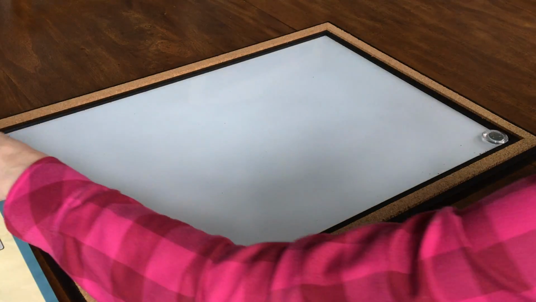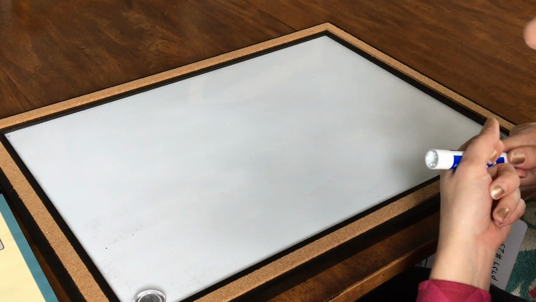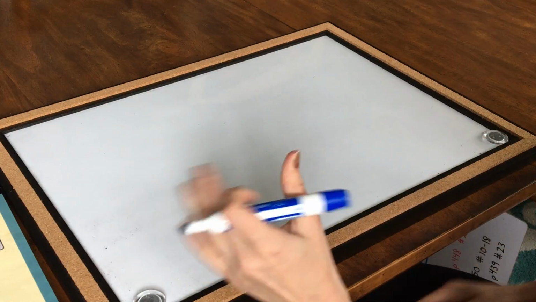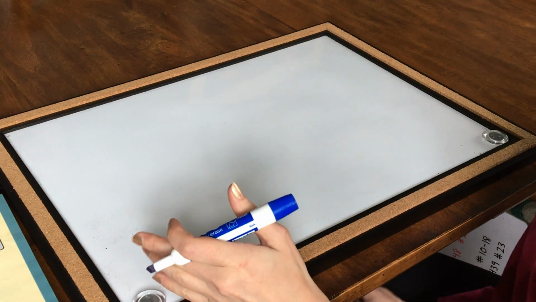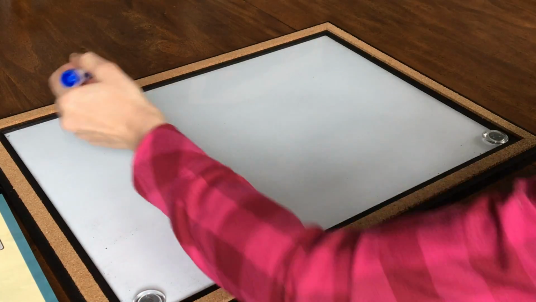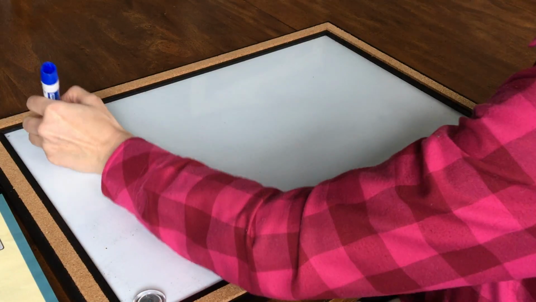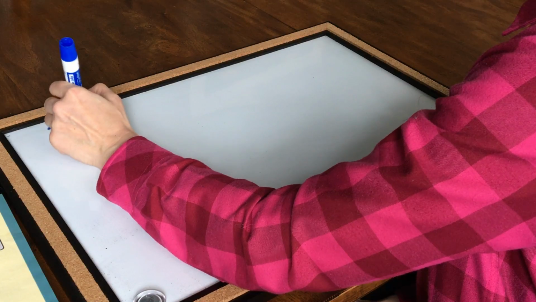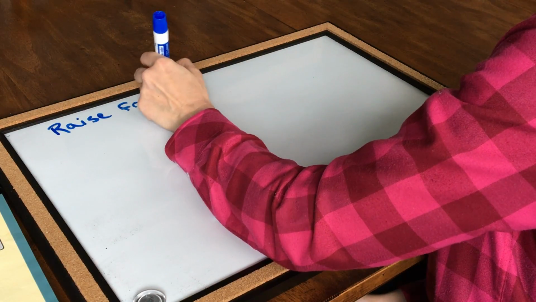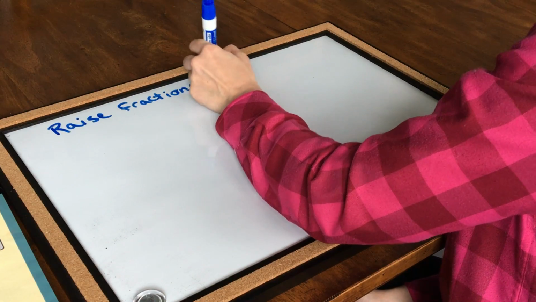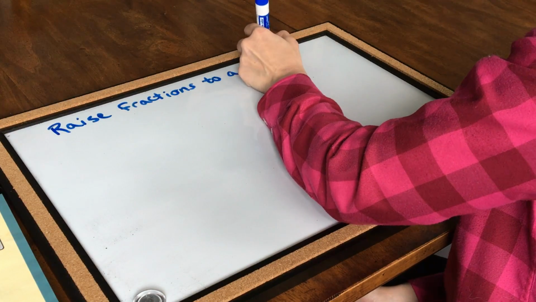So today we're going to be raising fractions to a power, and this is no different than raising other products to a power. The difference is you're raising a quotient instead of a product to a power.